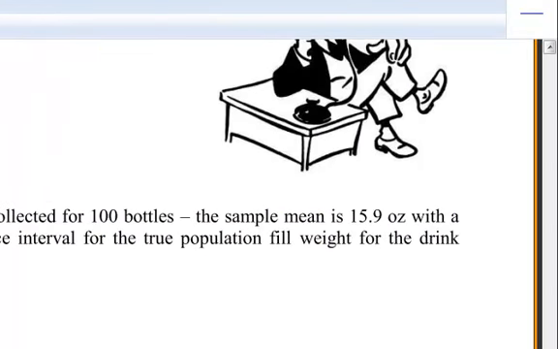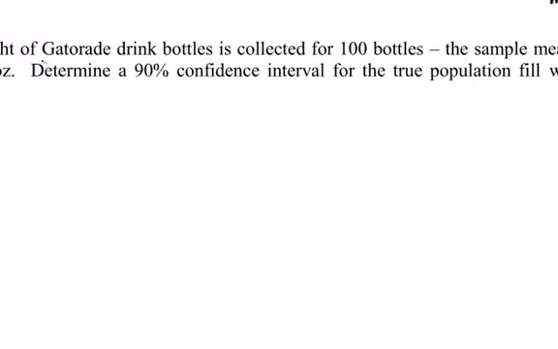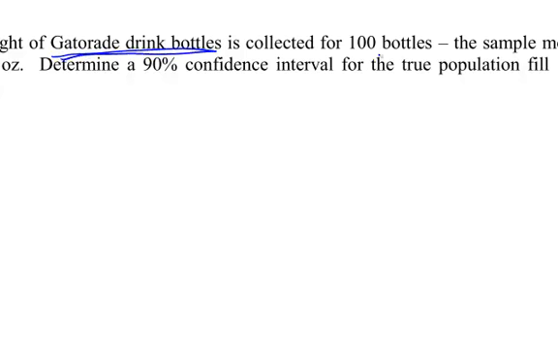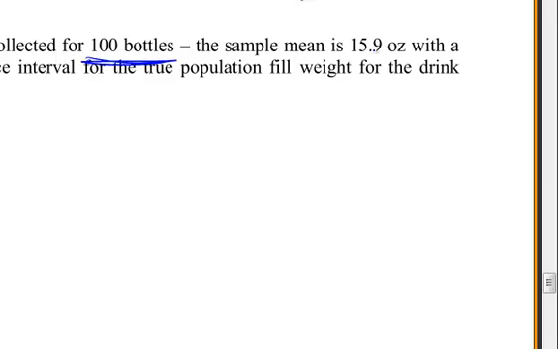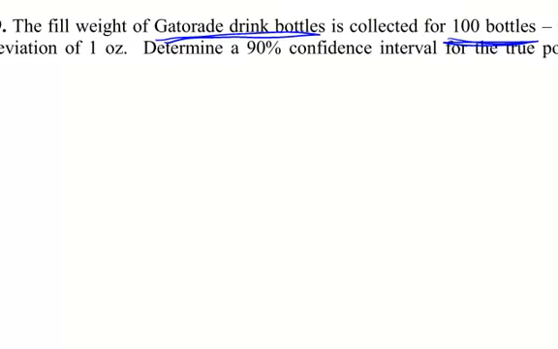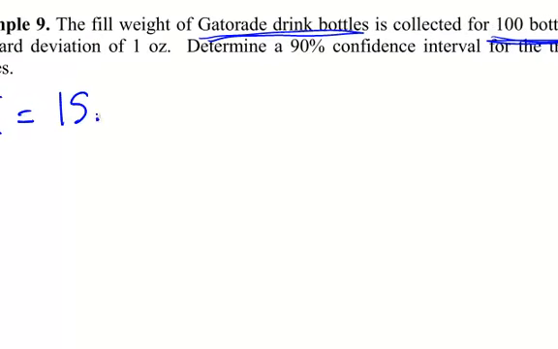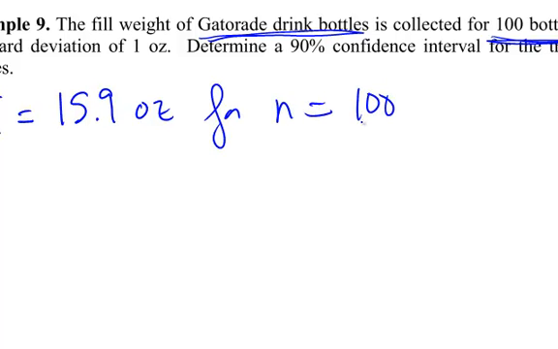I'll go down here. The fill weight of Gatorade drink bottles is collected for 100 bottles. The sample mean, X bar, is 15.9 ounces for N equals 100. So you took 100 bottles to get that 15.9 with a standard deviation of 1 ounce.